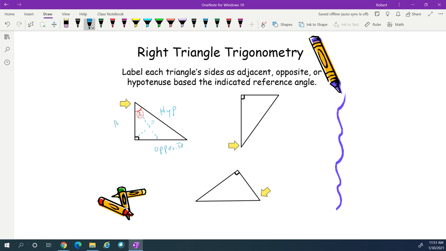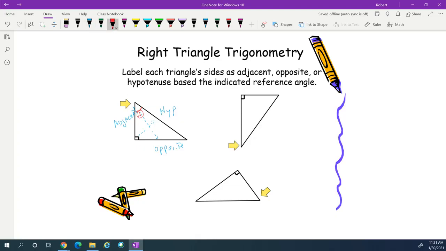And then this one is the adjacent. So again, the hypotenuse is quick and easy. We're used to that. Our reference angle and the side opposite. And then finally the side adjacent or next to our angle. Every angle has two sides, but one of them is already called the hypotenuse. Do that first. The other one is the adjacent.